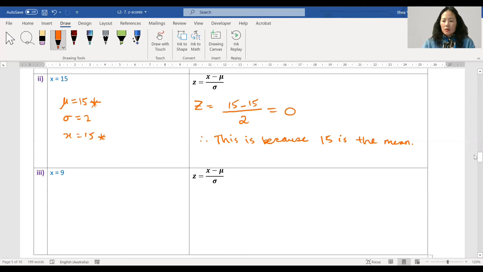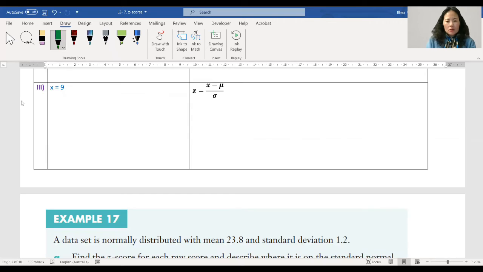Next one, let's have a look. Now, raw score is 9. So Z equals 9 take away 15, divided by 2. I will get minus 3. Yes, because the score is less than the mean, so it's going to be negative.